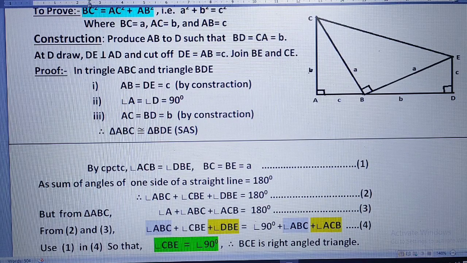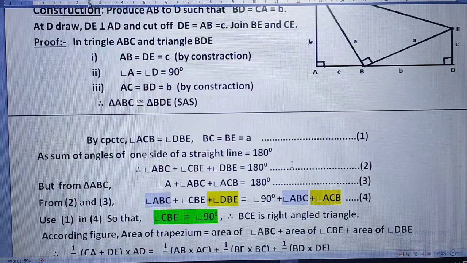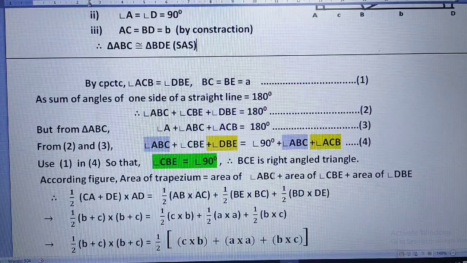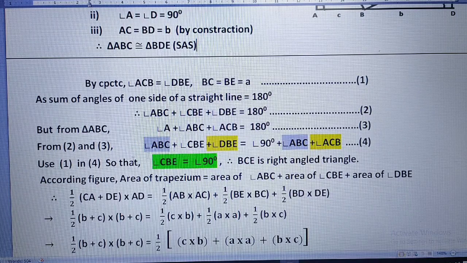Therefore triangle BEC is a right angle triangle. Just see the figure BCE: this is the right angle triangle at point B. Now next step, from statement 1, angle ACB is equal to angle DBE and BC is equal to BE, which is equal to a, that is statement 1.